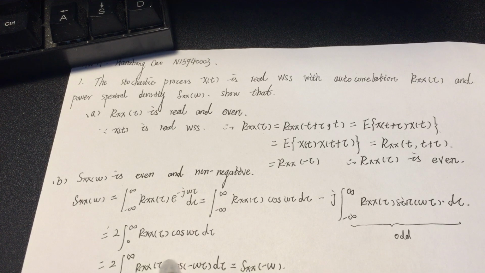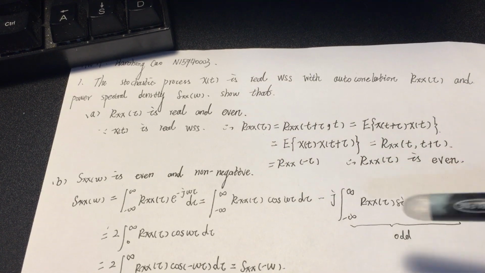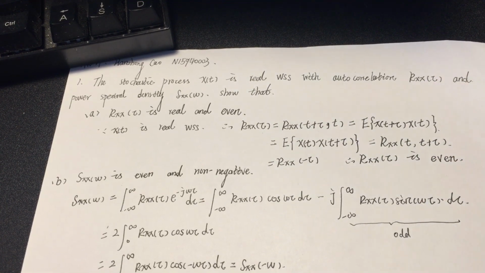Because cosine omega tau is an even function, it also equals cosine minus omega tau. So it equals Sxx(minus omega).